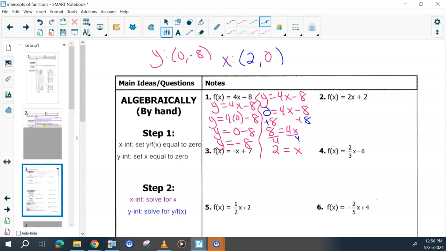We're going to do another one. Now, what we did for the y, we're not going to do that again because we can just look at that last number and we'd be able to figure out our y-intercept. So if I'm saying this is my y-intercept, how would I write that as an ordered pair?